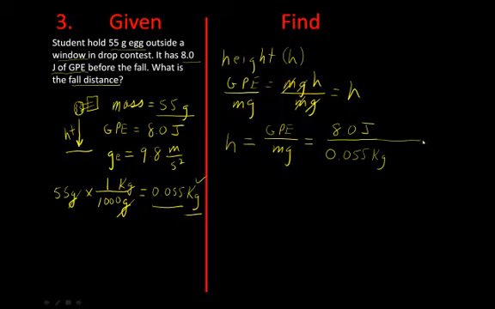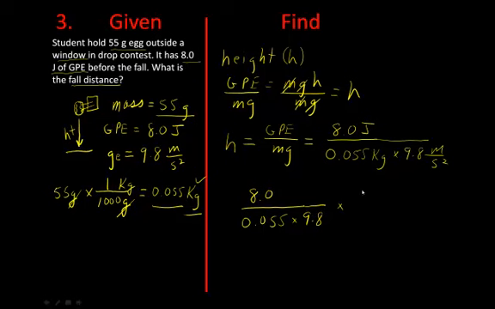And g, we can extend this out, so times g, 9.8 meters per second squared. So now let's start combining things together. Now we're going to combine the numbers together and the units together. So we end up with 8.0 divided by 0.055 times 9.8. Sure, it's extended out. And everything's still multiplication, even though it's units. We treat them just like numbers.